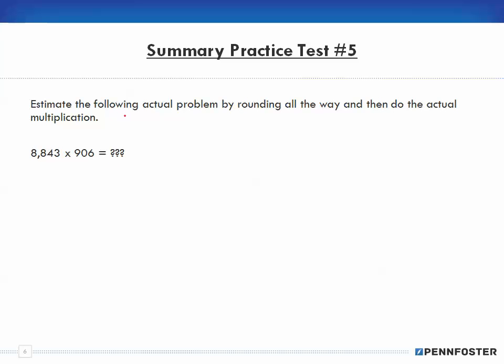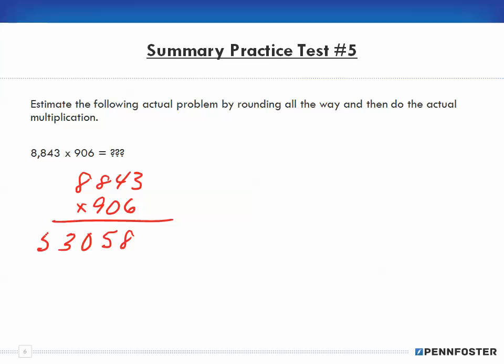It says, estimate the following actual problem by rounding all the way and then do the actual multiplication. So let's do the actual multiplication first. 8,843 times 906. 6 times 3 is 18, 24, 25, 2, 48, 53.